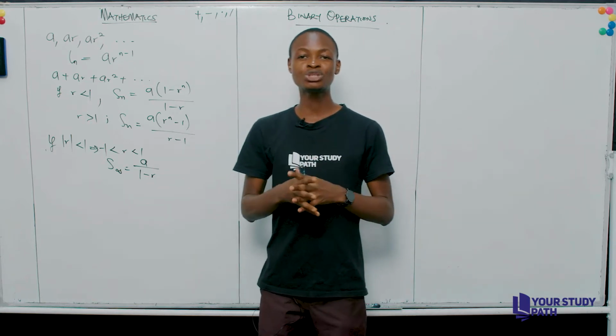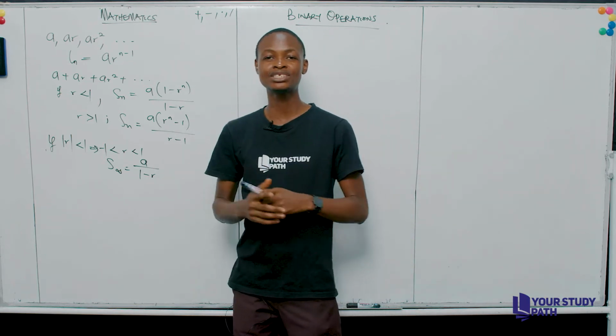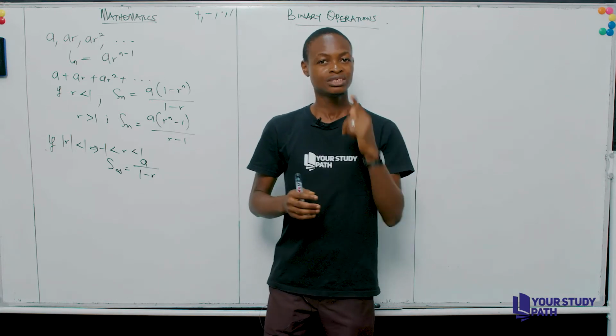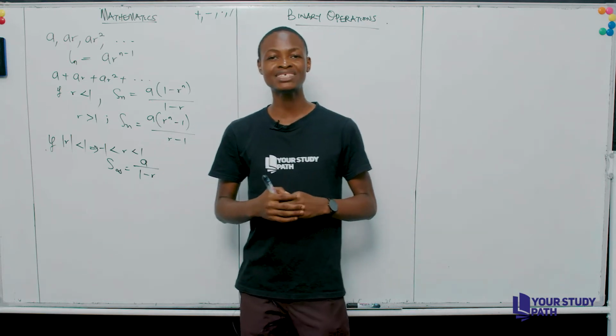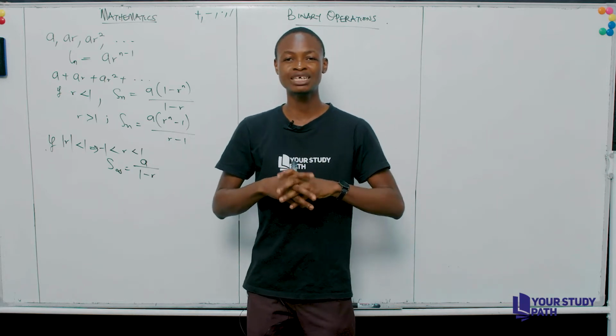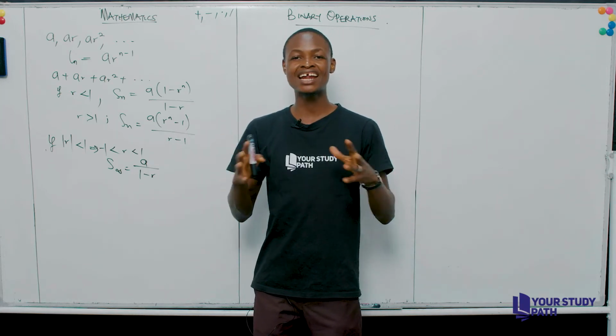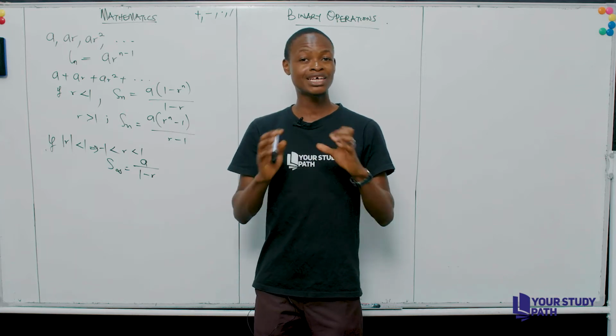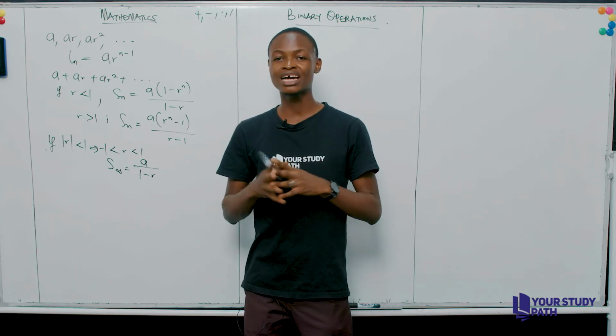So binary operations are hugely dependent on our normal arithmetic operations. That's one. The second thing we have to know is the fact that binary operators can be expressed by any and every kind of symbol.